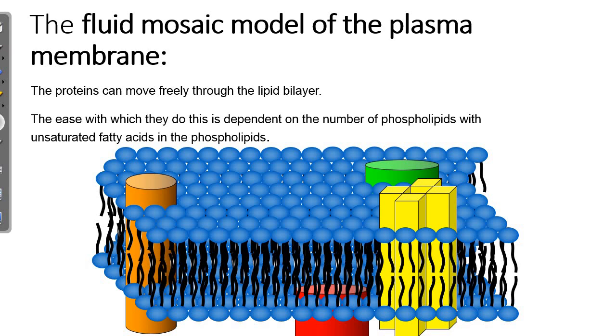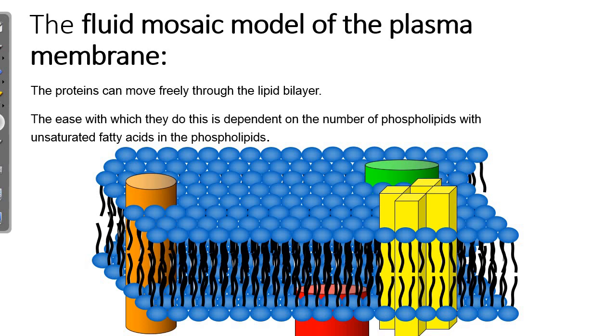Therefore, the word fluid has come. So basically, they have fluidity. The plasma membrane has fluidity, which is something similar to olive oil. And phospholipids can move sideways, mainly in their own layers. And some of the proteins, which I showed you, can also move along.